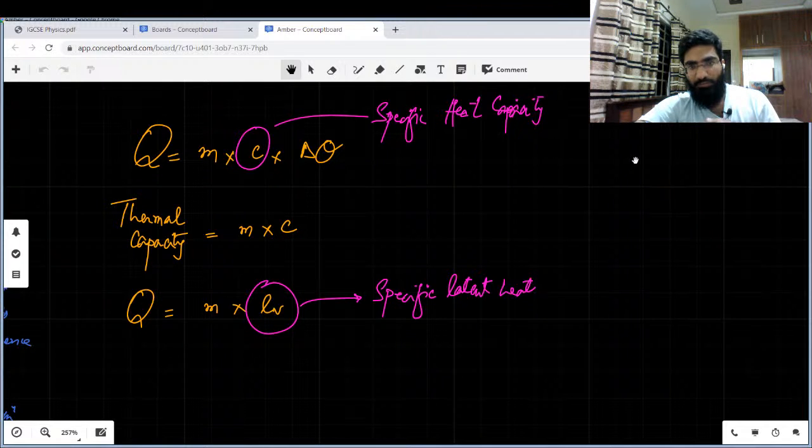The same would be for vaporization: when I'm heating water, a stage would come where the temperature of water would stop rising, and the heat energy being given to water at that stage would be changing the state from water to vapors. So this is the amount of heat required to change the state of matter of a substance without raising temperature.